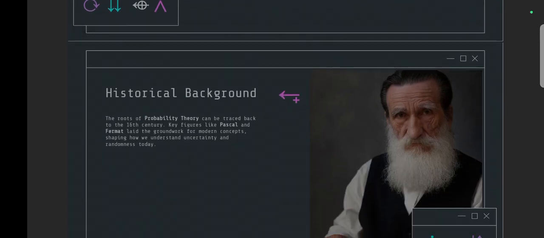Historical background. The historical background of probability theory is rich and spans several centuries, evolving from philosophical discussions to a formal mathematical discipline.